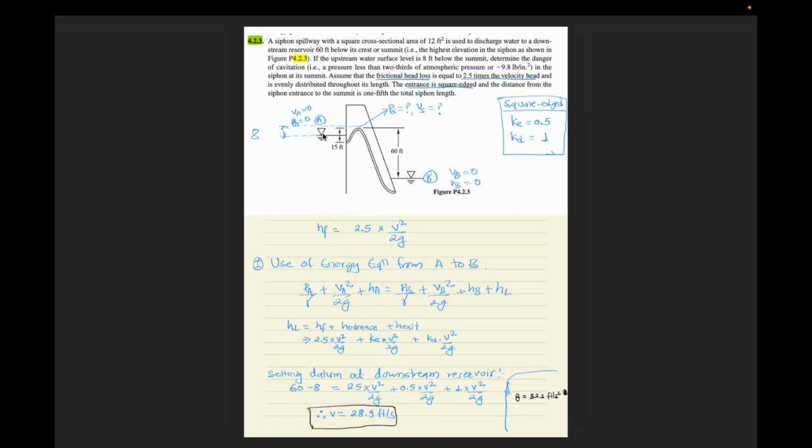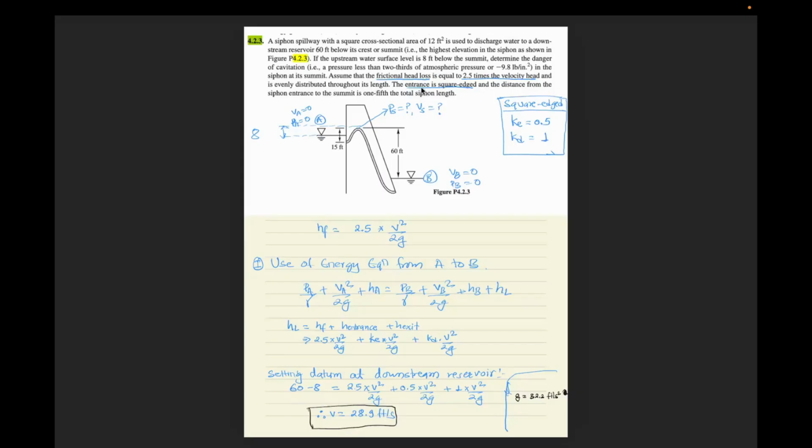for reservoir A, the water surface is 8 feet below the summit, and here is also given the frictional head loss, that is equal to 2.5 times the velocity head, and that is evenly distributed throughout its length.